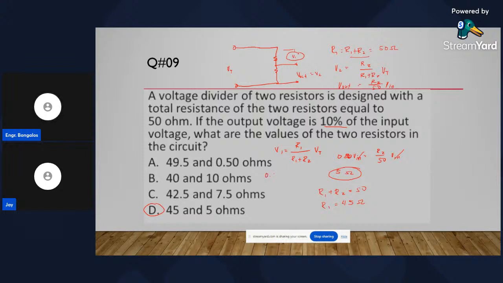Then, 0.10 Vin is equal to R1 over 50 times Vin. So, same pa rin. Yung R1 natin is 5 ohms. Then, yung magiging R2 natin is 45. So, same pa rin naman. So, maswerte na lang yung 5 ohms na nakuha natin.